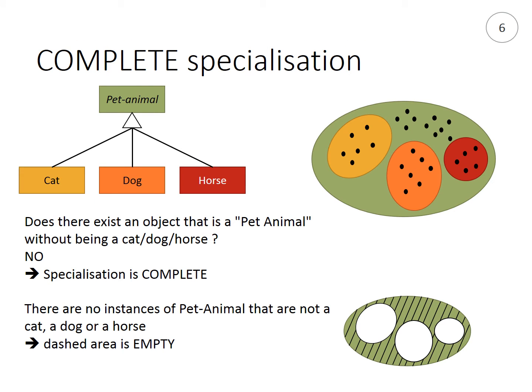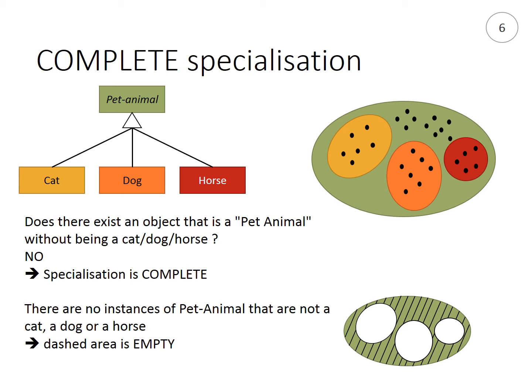Here, this is illustrated in a more graphic way. So assume that the green set represents the pet animals and that the light orange set represents the cats, the dark orange set represents the dogs, and the red set represents the horses. The question to ask is, does there exist an object that is a pet animal without being a cat, a dog or a horse?